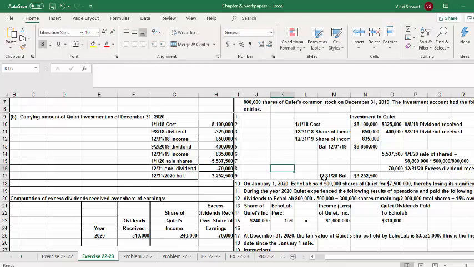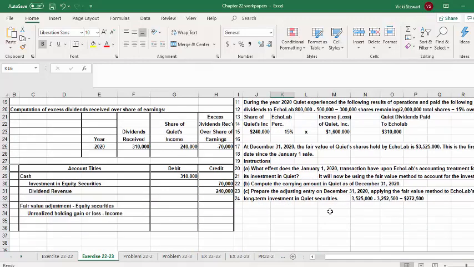Our balance in the investment account then at December 31st, 2020 is $3,252,500.